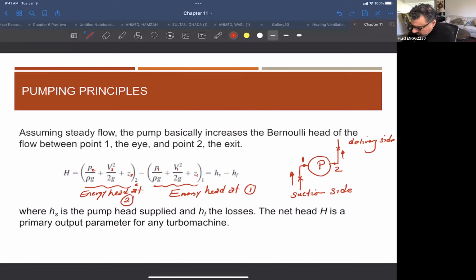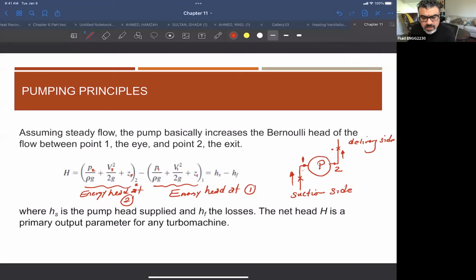The difference between the energy at point 2 and the energy at point 1 is basically what the pump needs to supply, right? So that's why you will say that this is equal to HS plus the losses that we have for friction inside this device, the pump here.